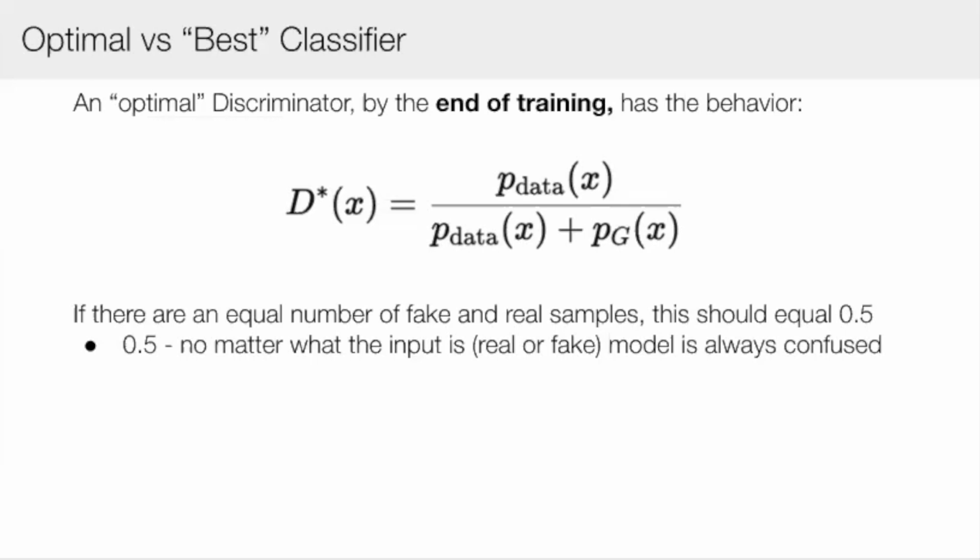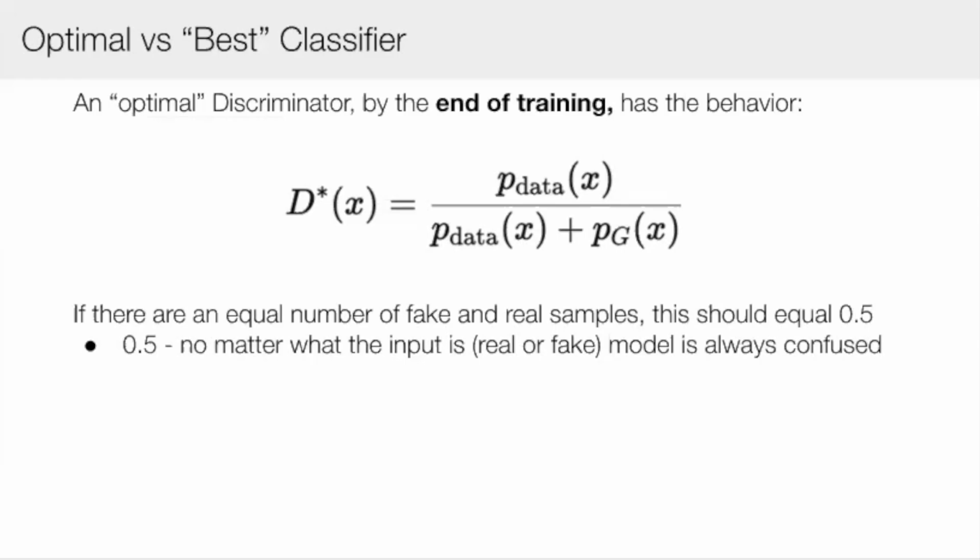In other words, if there are 50-50 real and fake images, the discriminator should always output 0.5. It should always be confused. At the end of training, an optimal discriminator will be confused. It won't be able to tell the difference.